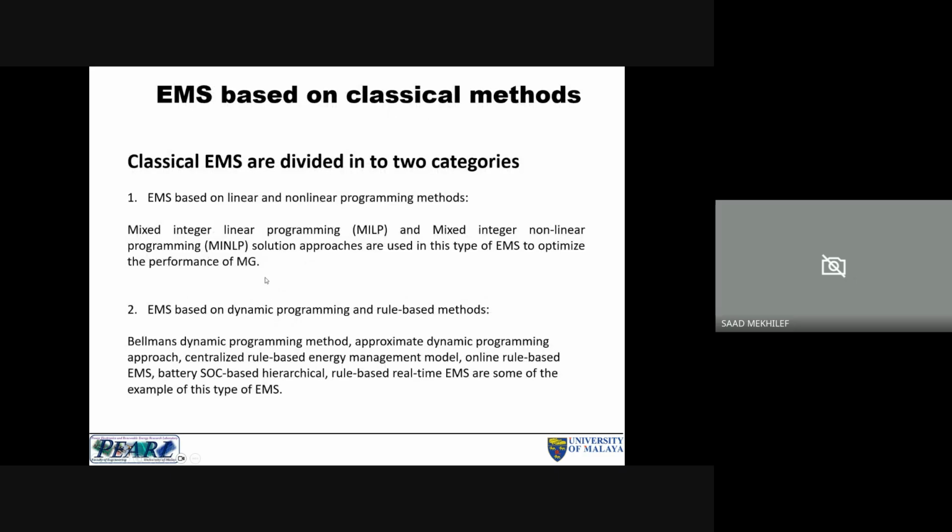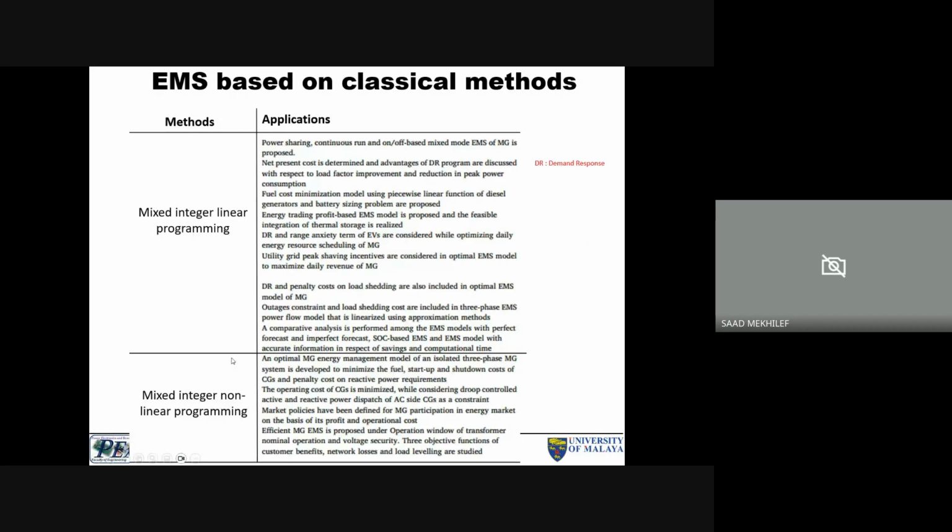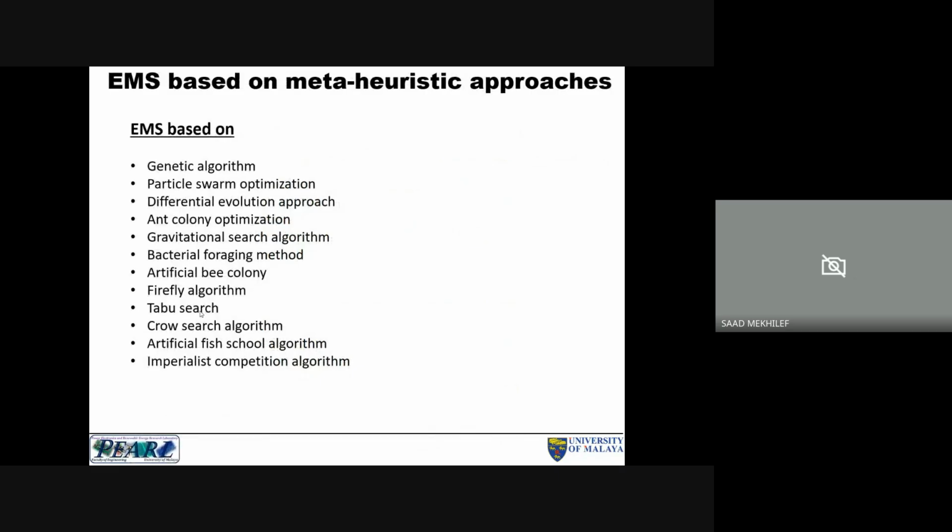So there are quite a number of them. For example, classical energy management divides into two, such as mixed integer programming. These are some different methods. Unfortunately, we don't have much time. These are some metaheuristic techniques which we use, and like I mentioned before, these are areas of research which PhD students can work on.